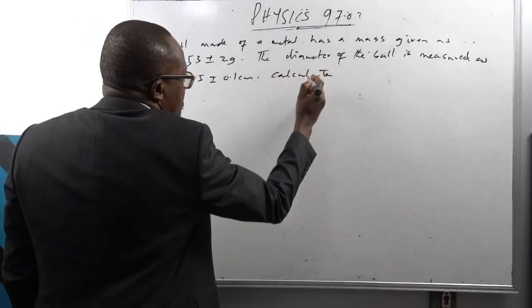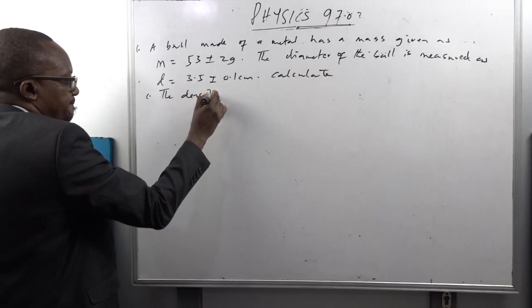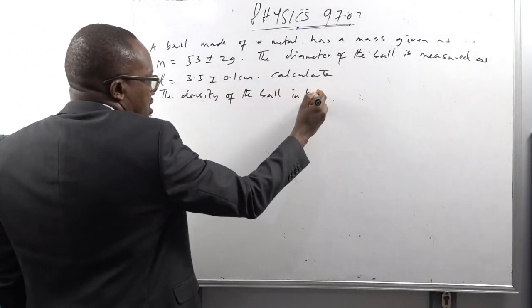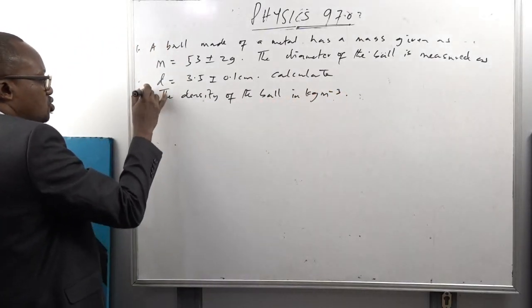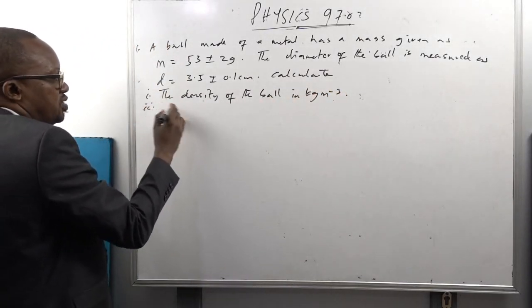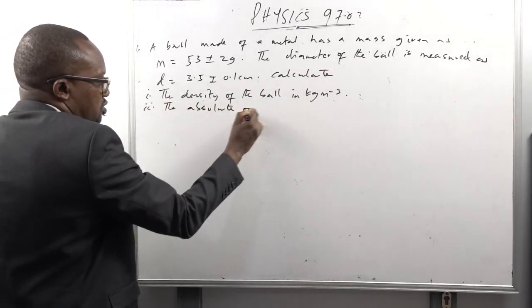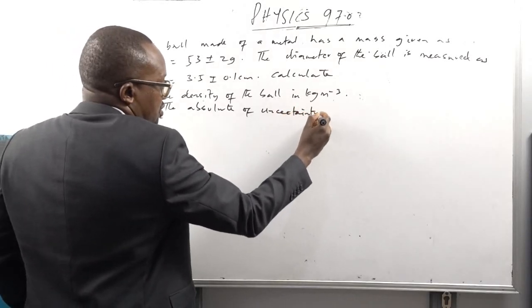Calculate 1. The density of the ball in kilograms per meter cube. Then 2. Calculate the absolute uncertainty of the density.